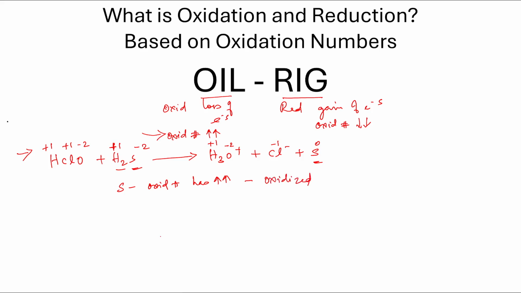On the other hand, HClO is hypochlorous acid. If you look at chlorine, it goes from +1 to -1. Therefore, the oxidation number has decreased. By our definition, if oxidation number decreases, then hypochlorous acid is reduced.